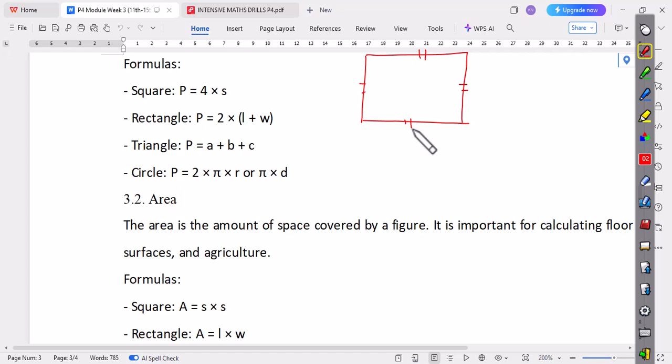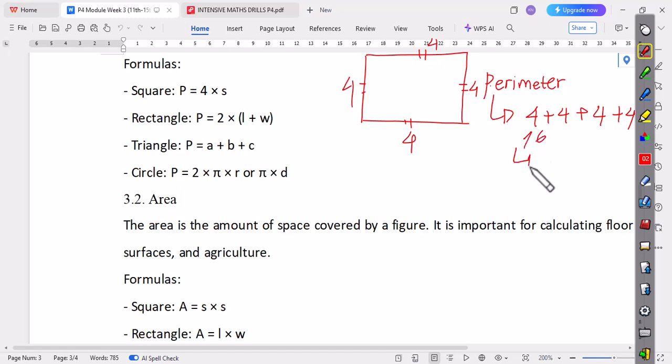It means if this is 4, the perimeter must be 4 plus 4 plus 4 plus 4. This is a characteristic of square. Square always has 4 equal length, so it must be 16. Or we can write like this: 4 times 4 equal to 16.